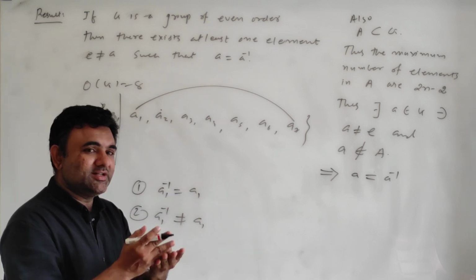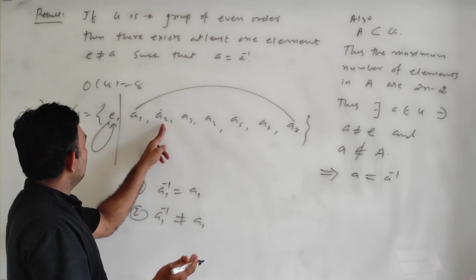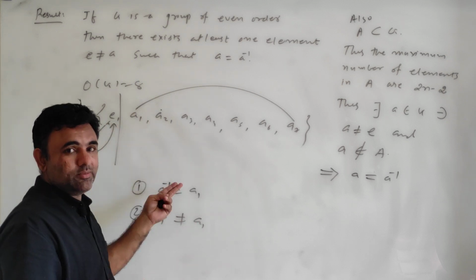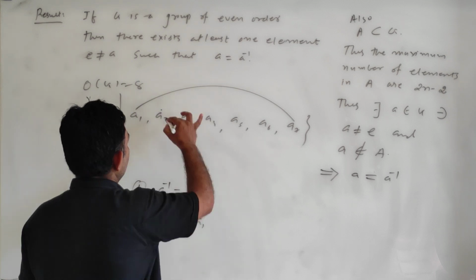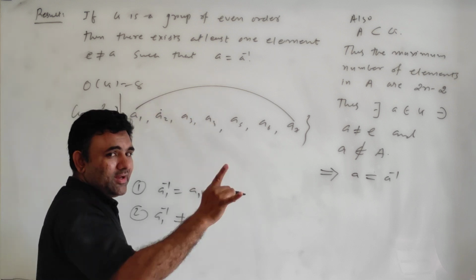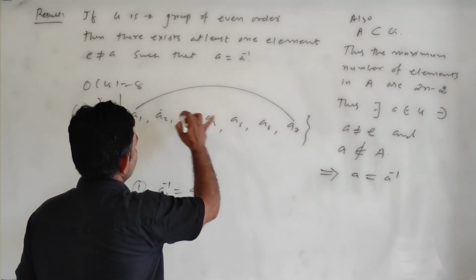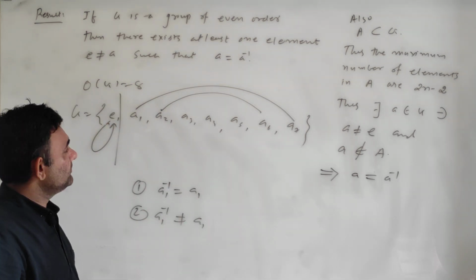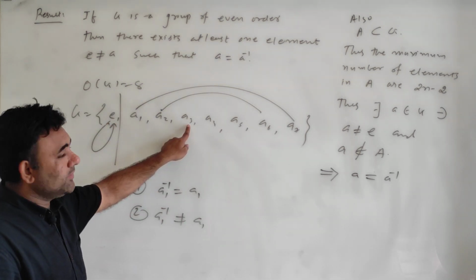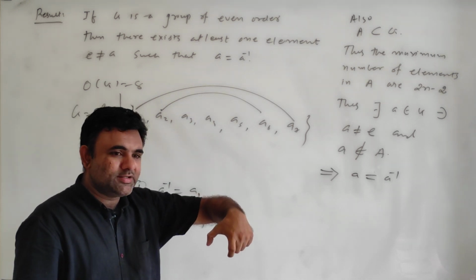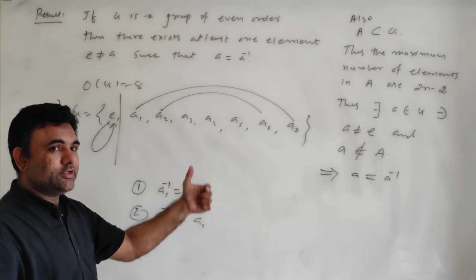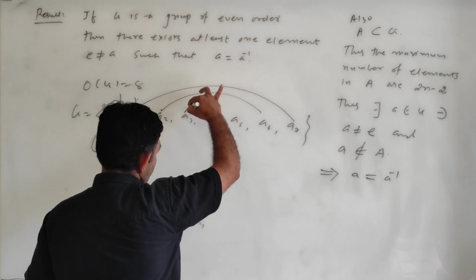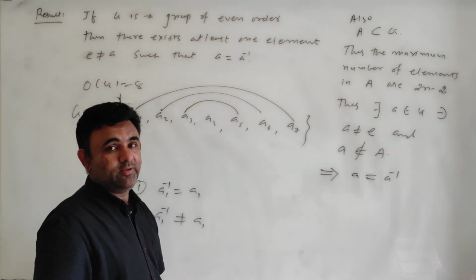Suppose a2 inverse is itself, then we are done. So without loss of generality, I assume that a2 inverse is not a2, so it is say a6. Let me make a pair in this way. Now a3 inverse is what? Either it is itself, then we are done. Suppose it is not itself, then it must be a5.